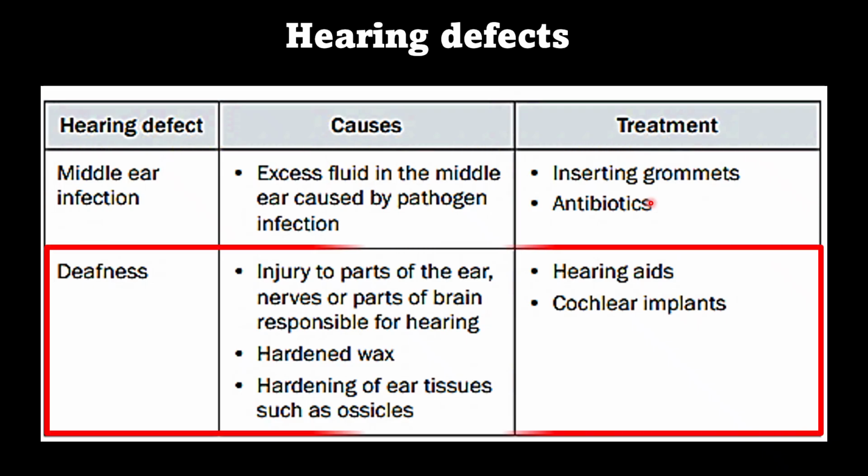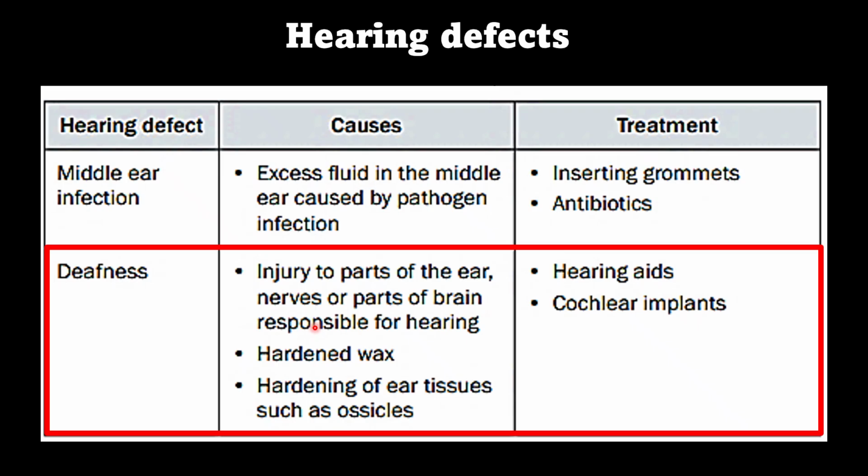Then we go on to deafness. What are the causes of deafness? One, we have injury to parts of the ear, nerves, or parts of the brain responsible for hearing. Deafness may come about if any part of the ear, such as the organ of Corti or the cochlea or the oval window, is damaged.